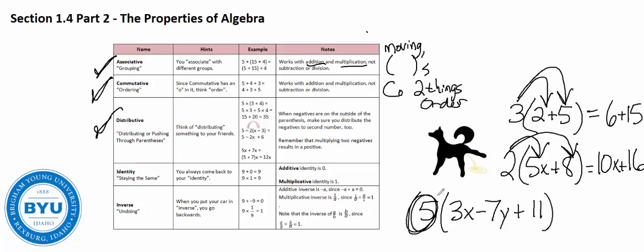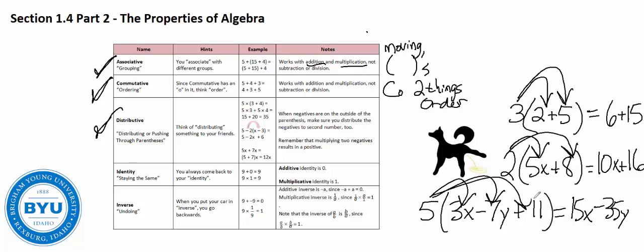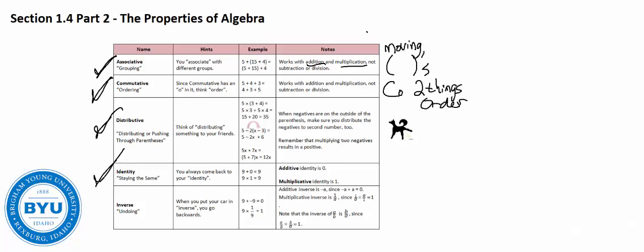We're taking the value outside and multiplying it to all values inside. 5 times 3x is 15x, and 5 times negative 7y, that's negative 35y, and 5 times 11, well, that's 55. This is an example of the distributive property. You have a value outside the parenthesis, it gets multiplied to all values inside the parenthesis, and then you have no parenthesis once you are done.